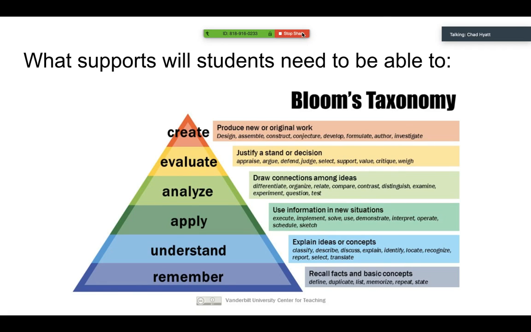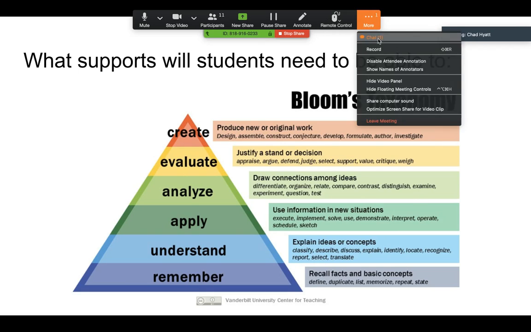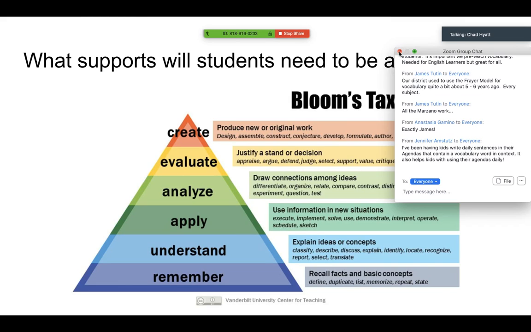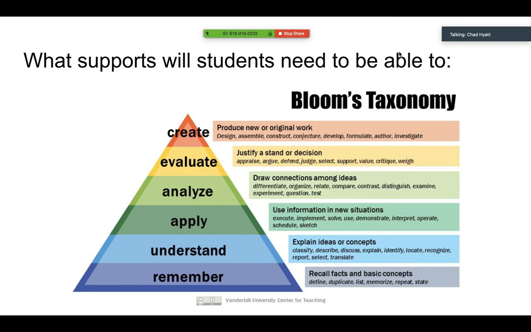And so as I think about whatever level of Bloom's that my objective or my standards are calling for and what it is I want them to be able to do, I want to start thinking about what differentiation looks like within those areas.